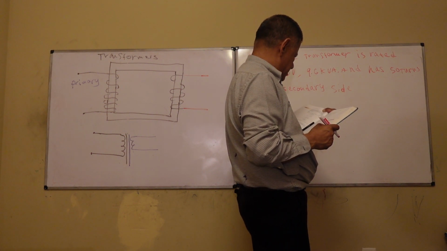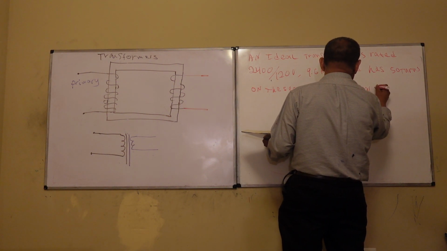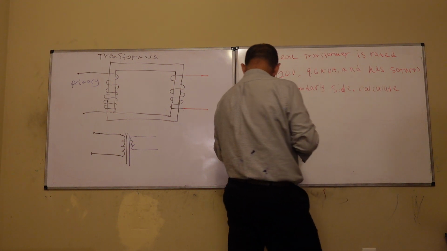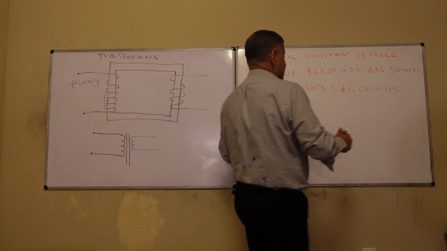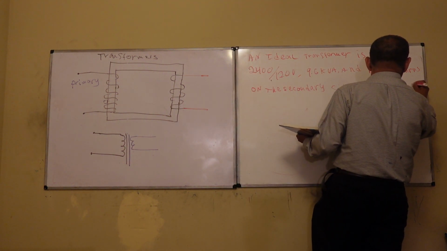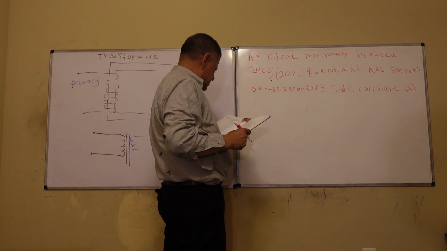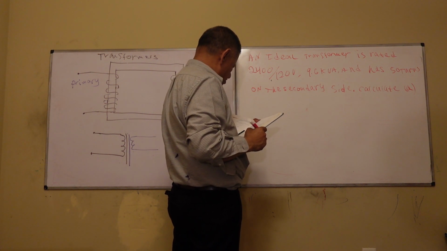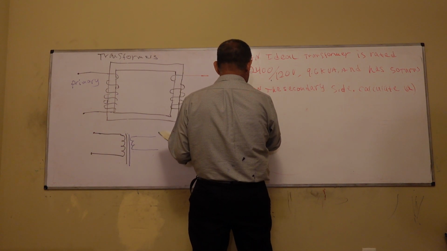So now calculate A. Part A is asking for the turns ratio.